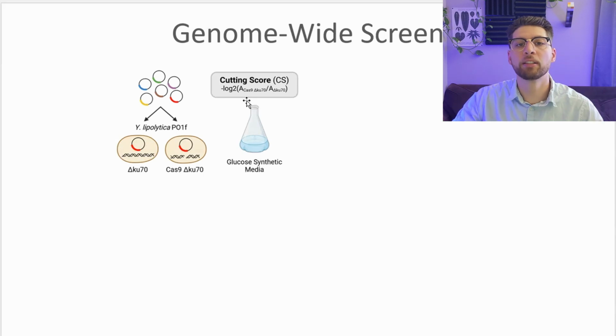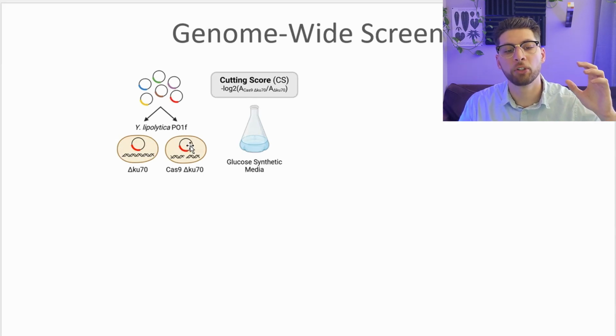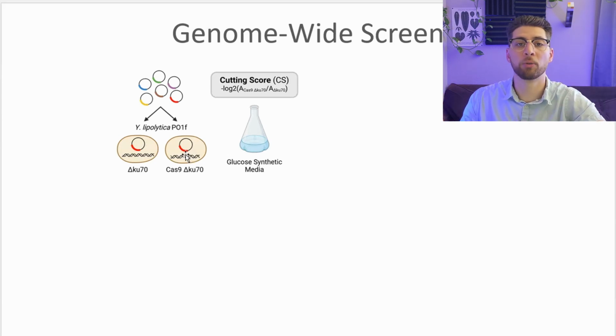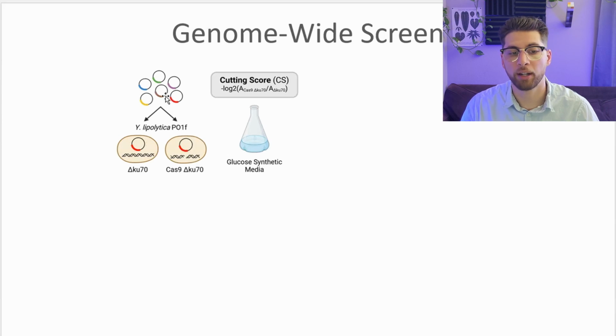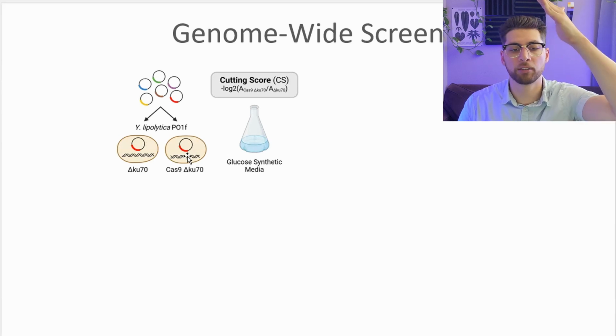So the abundance is saying, if you have a good guide in the Cas9 delta Ku70 strain and you grow it for a while, that guide abundance in that population is going to go down, maybe even to zero. Whereas if you have a poor cutting guide, it's not going to make a cut, the strain's going to live, and so you'll have a higher abundance of that guide.